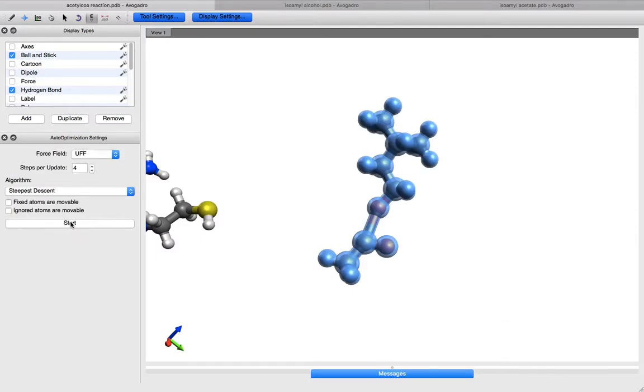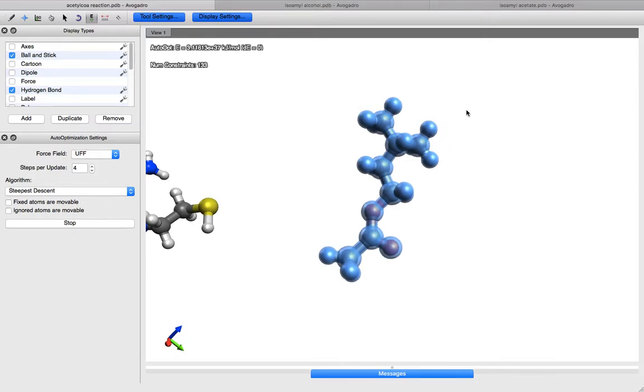And what we can do now is see what this would look like by running a simple optimization algorithm. You can see it's slowly optimizing its shape based on the energy.